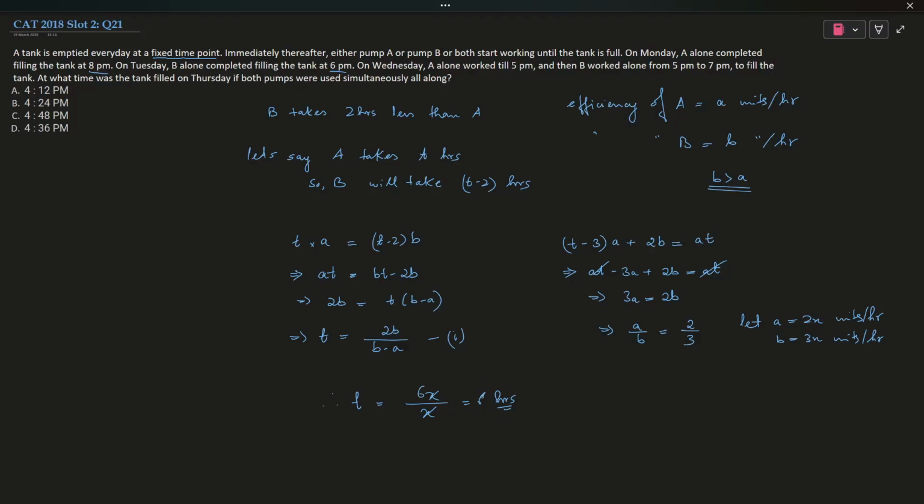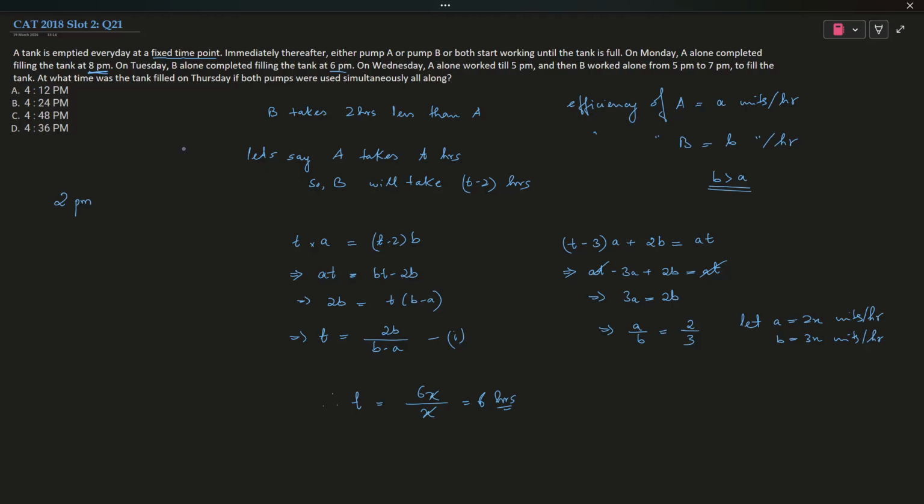If A takes 6 hours to fill the tank, at what time does the tank get emptied every day? It is 2 p.m., guys. Why? The tank gets filled at 8 p.m. and A takes 6 hours. That means 8 minus 6 will give me 2. That means at 2 o'clock in the afternoon pump A was switched on, right?